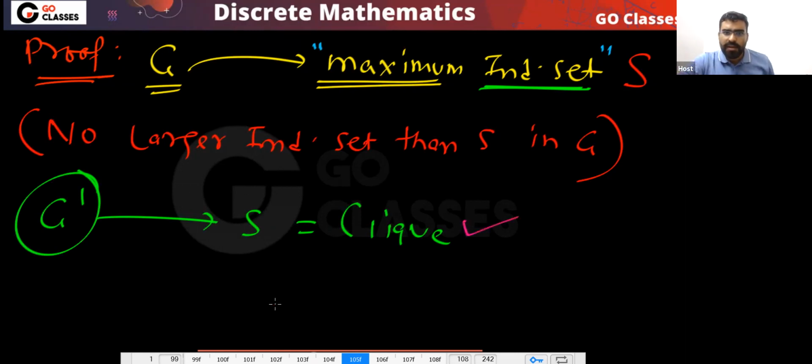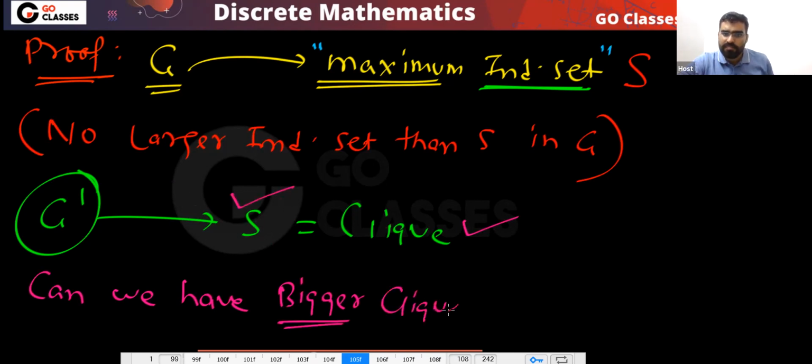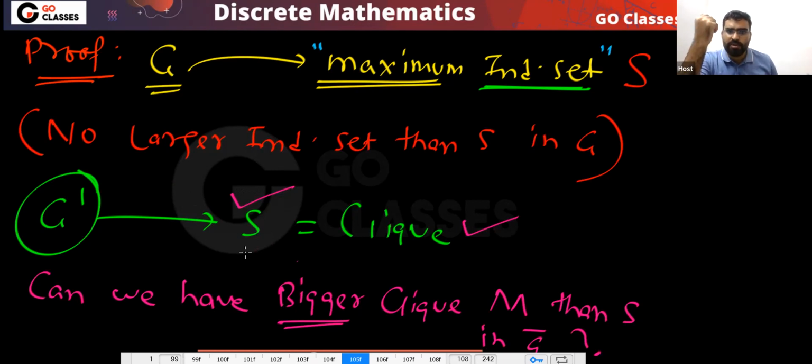Now, can we have a bigger clique than this S? S is a clique, but can we have a bigger clique M than S in G complement?